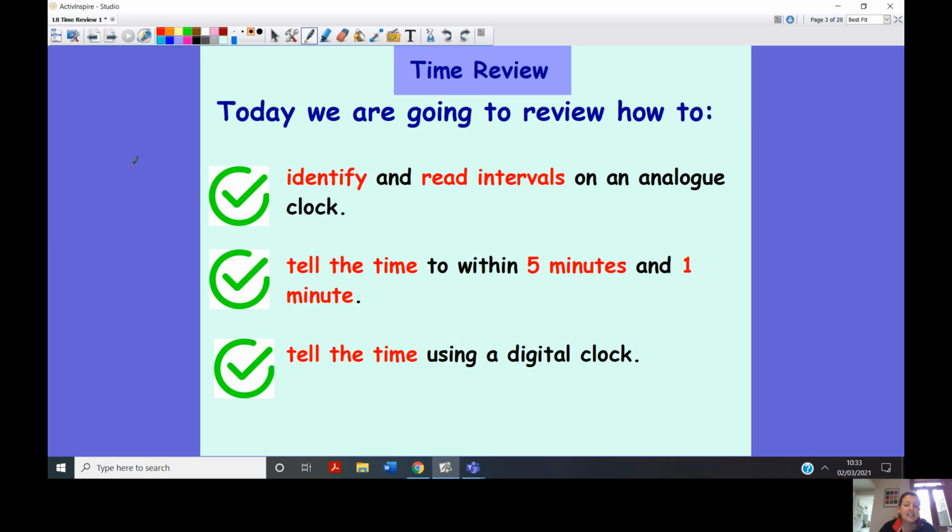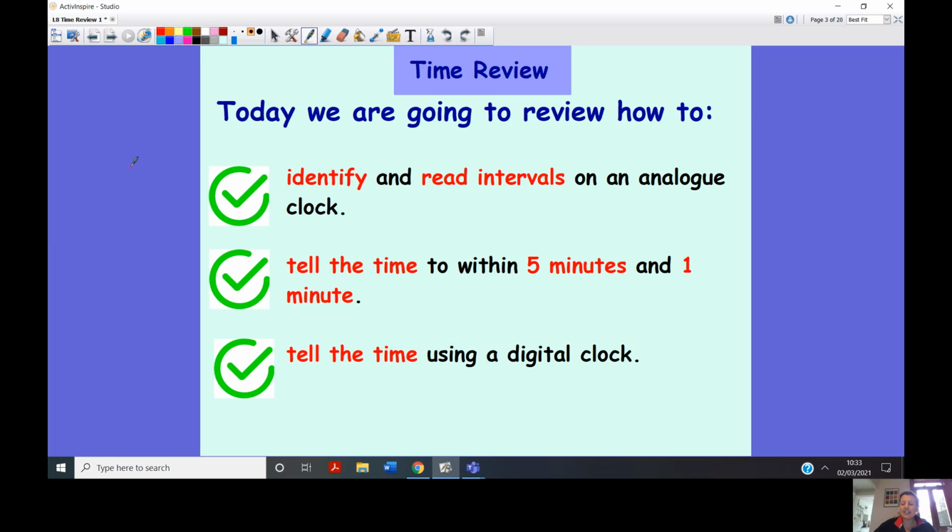Then we're going to tell the time using a digital clock, and then we're going to combine reading the analog clock and the digital clock in doing some matching and also writing the time on a digital clock from looking at an analog clock. This is all information that we have covered before, but it's just a chance for us to get more comfortable with it.